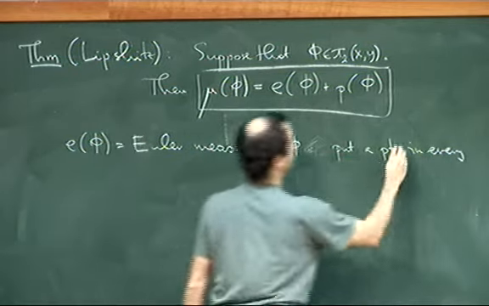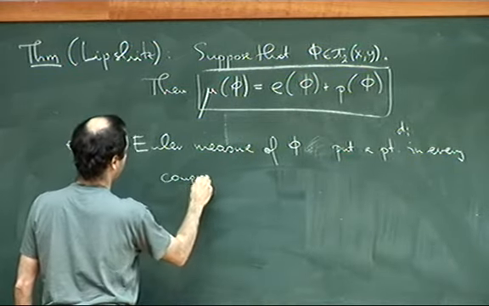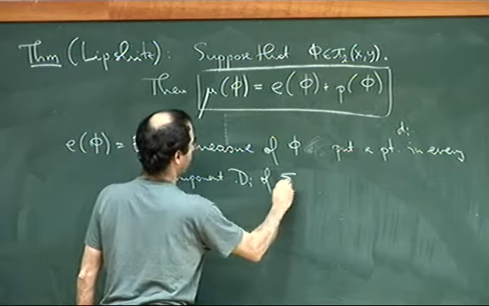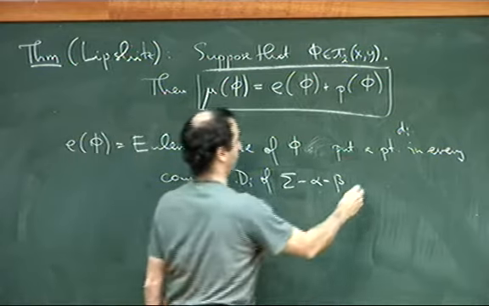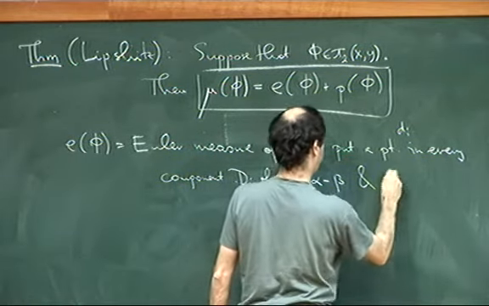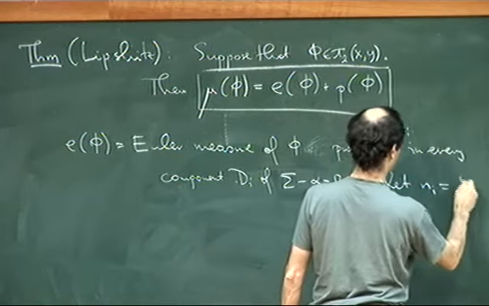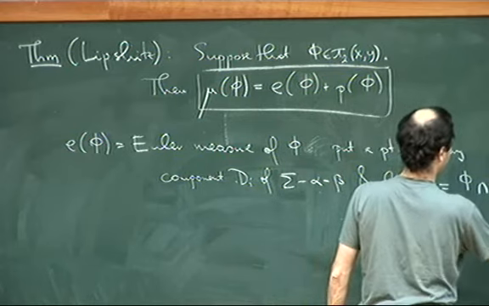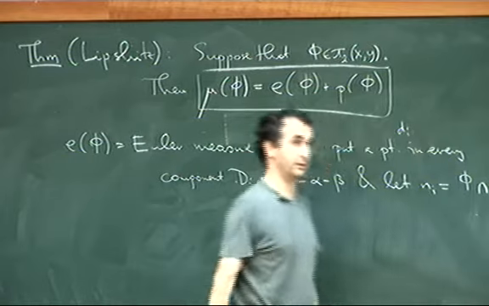Put a point di in every component di of sigma minus alpha minus beta, and let Ni be the intersection of phi with di cross Sym^(k-1) sigma.